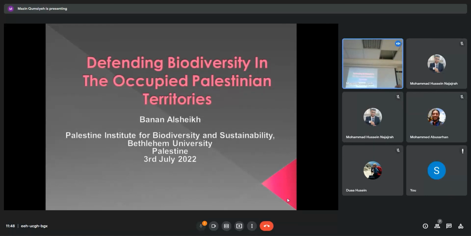And that's the most important, and everybody knows now that without the local people, you can design as many nature reserves as you want. This doesn't have any effect on the ground.